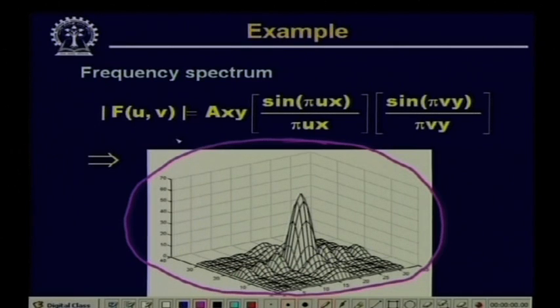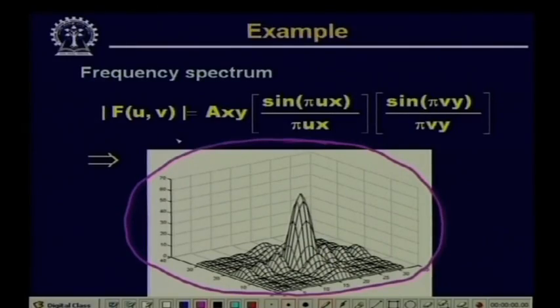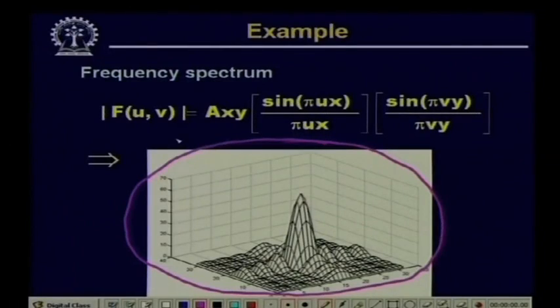You find that this is again a two dimensional function. Of course, in this case the spectrum that has been shown is shifted, so that the spectrum comes within the range for its complete visibility. For a rectangular two dimensional function, the Fourier spectrum will be something like this.